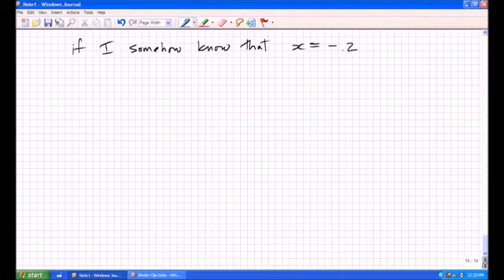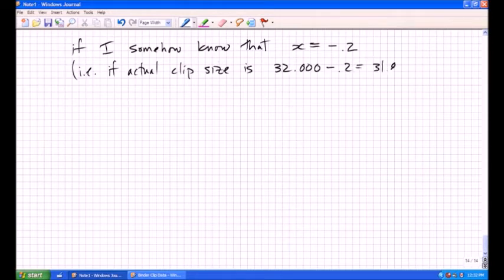If I somehow know that x is equal to minus 0.2, that is, if the actual clip size is 32.000 minus 0.2, that is, if it's 31.8, I can use that together with this confidence interval to estimate the bias of my measurements.